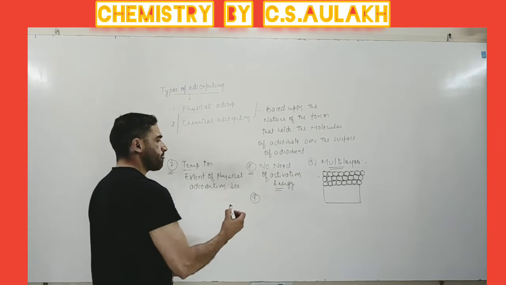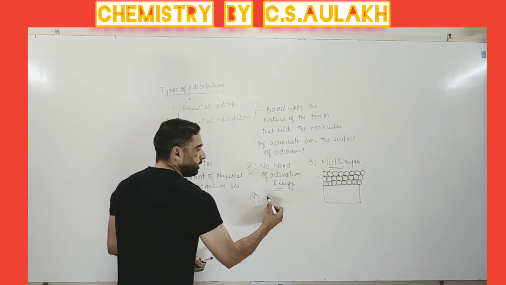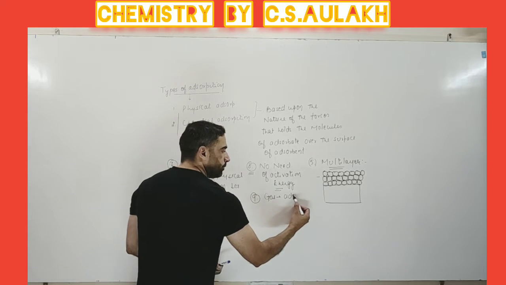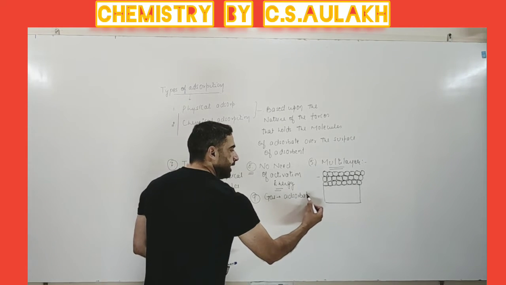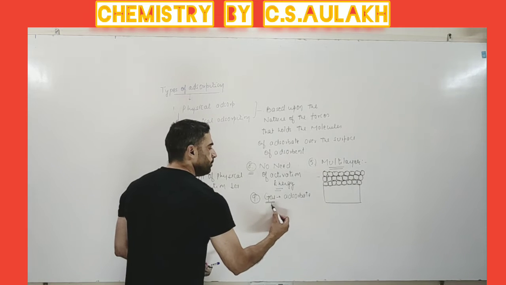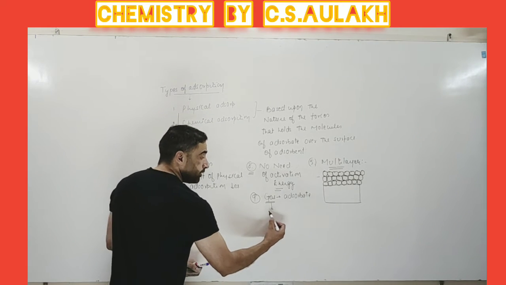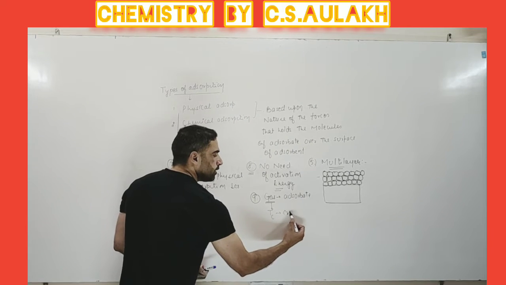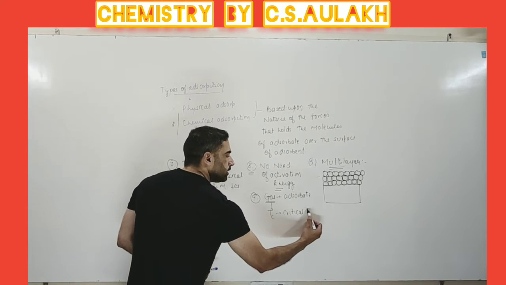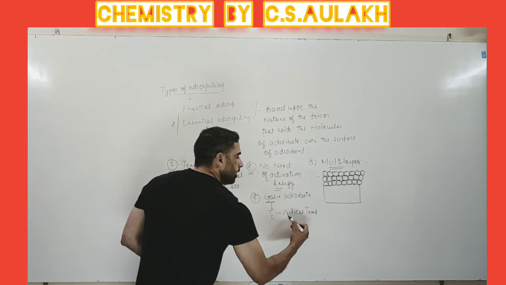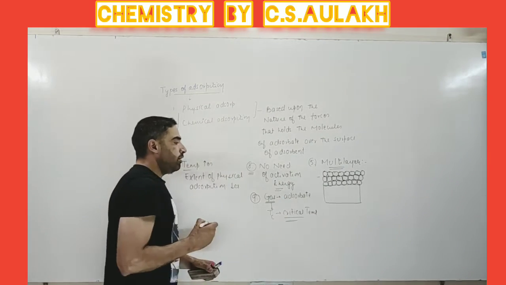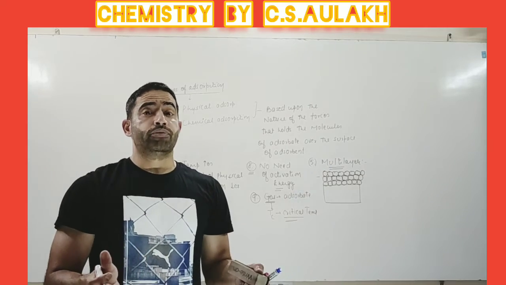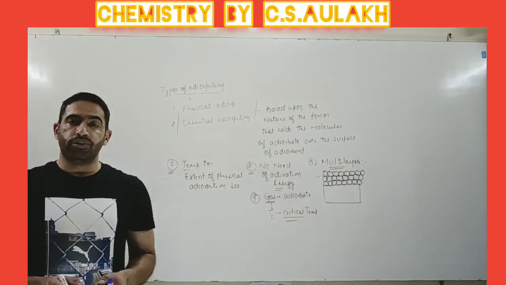In case of a gas acting as adsorbate, there is a relationship with the critical temperature, which is represented by Tc. I think you must know about the critical temperature. You have studied this in the states of matter chapter in +1 class.